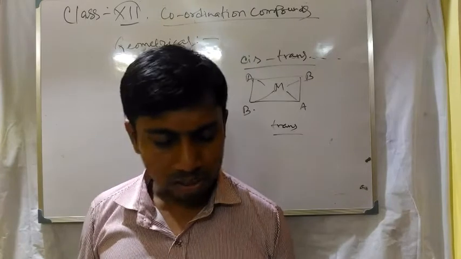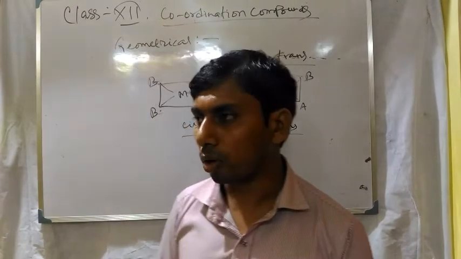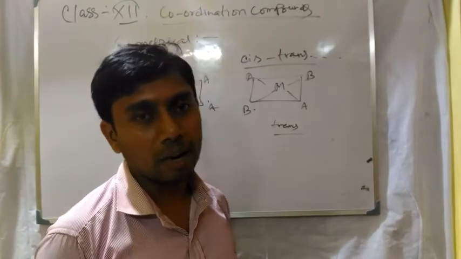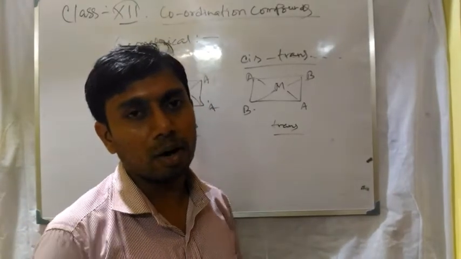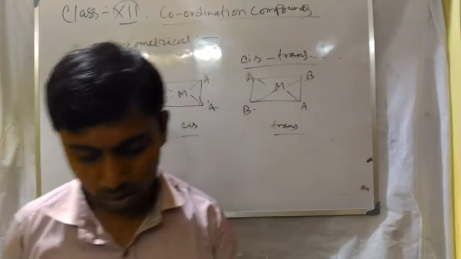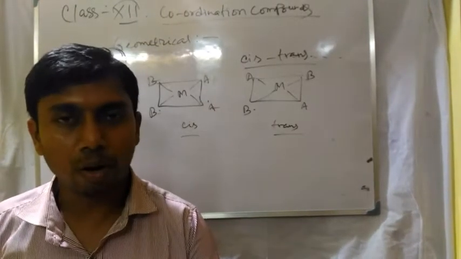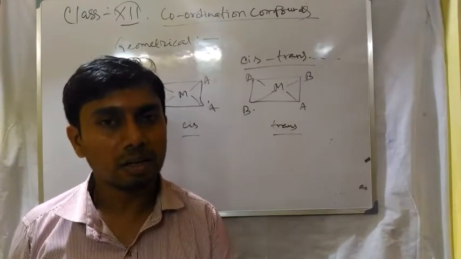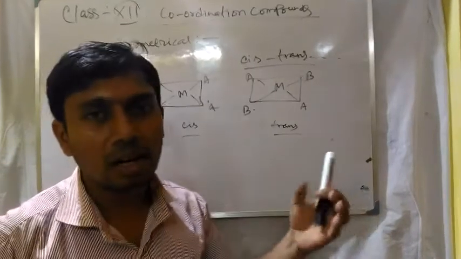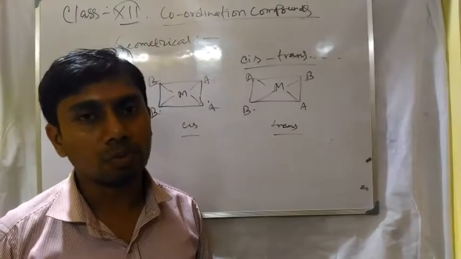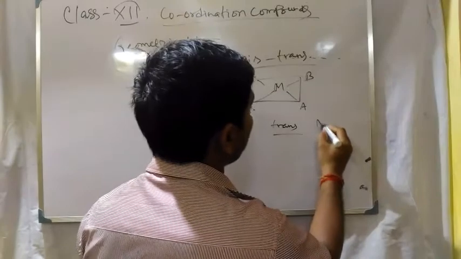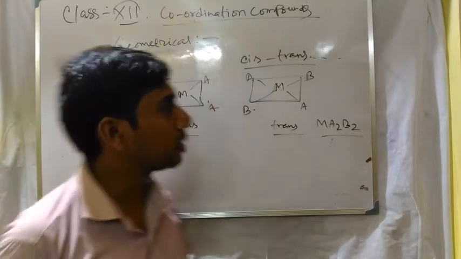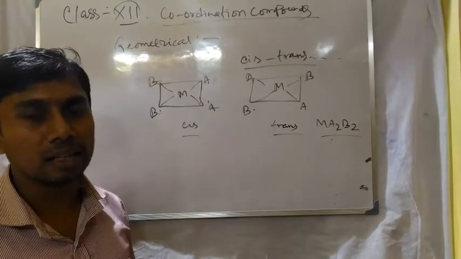Now it is for coordination number 4. Here only the square planar complex exists as a geometrical isomer. In the square planar complex there are different numbers of ligands. Here we have taken a general example of MA2B2, right? For such complexes, the figure will be like that.